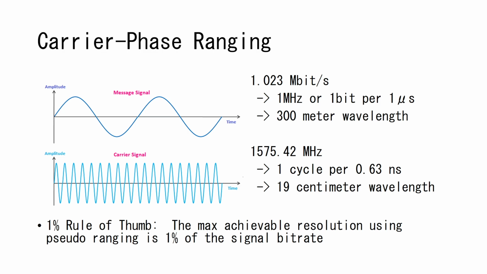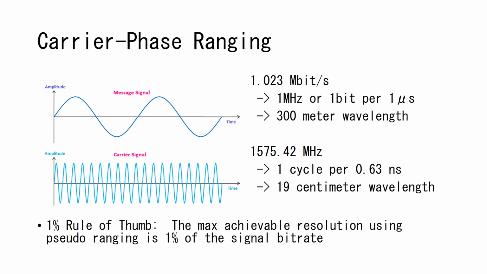And so if we use the speed of light to find the length it takes for one cycle, we get about 19 centimeters as our wavelength. So if we were trying to use the carrier signal for pseudo-ranging, as long as we were within basically one cycle, we could only be off by 19 centimeters. Now, why does this matter?